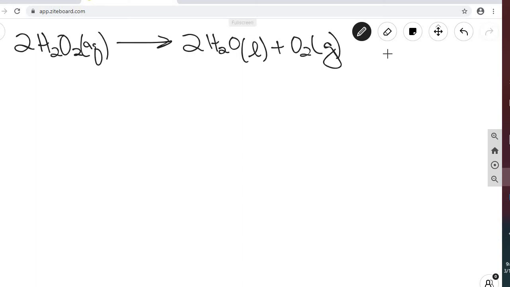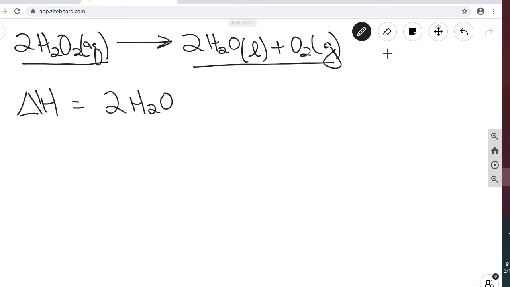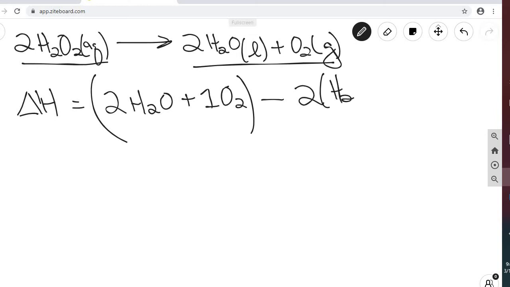So to get the delta H for this reaction, we would take the products minus the reactants. So we'll have 2 waters plus 1 oxygen, that's the product side, and then we're going to subtract from that the 2 hydrogen peroxides.